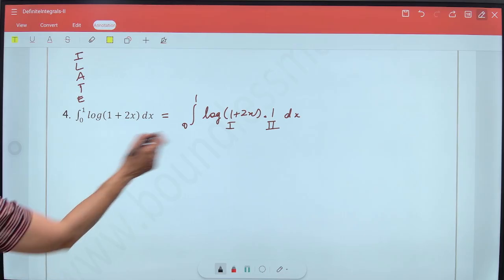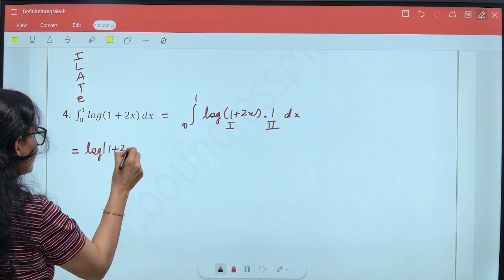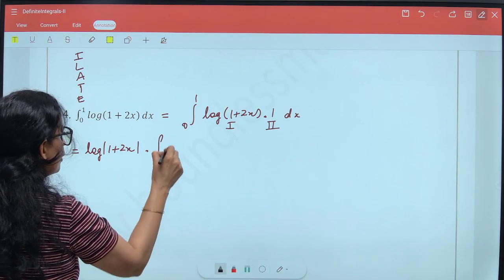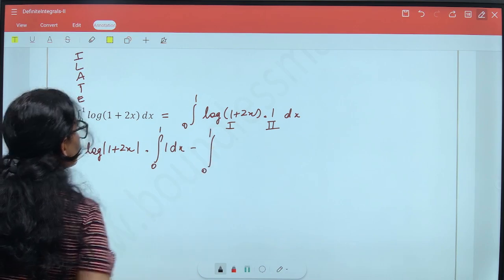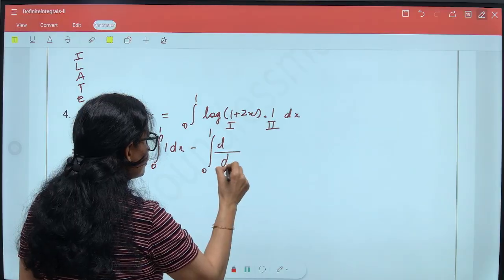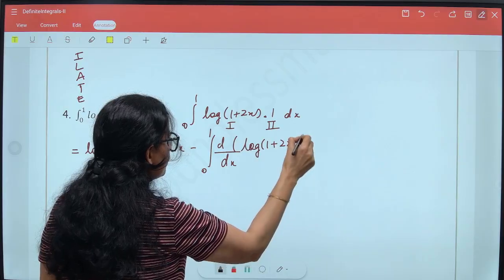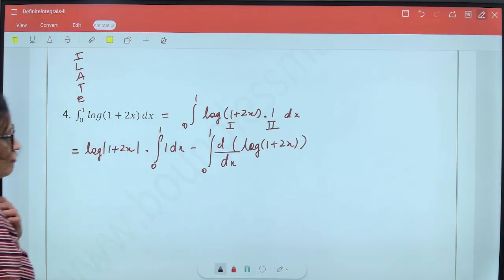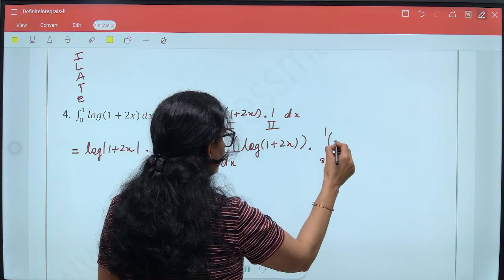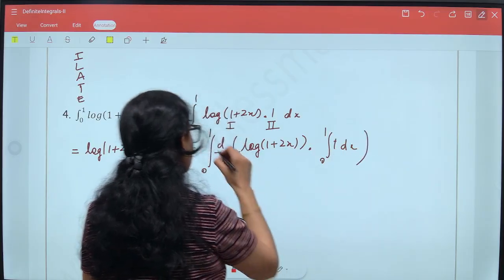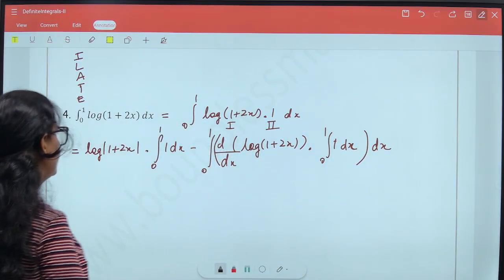So that means the first function will stay as it is, it will be log of 1 plus 2x and then we have integral of 1 dx limited by 0 and 1 minus integral of derivative of first function which is log of 1 plus 2x and then we have derivative of first function into integral of second function. So it is again 1 and then dx and put this entire expression into a bracket and then another dx because we need to integrate it once more, right?